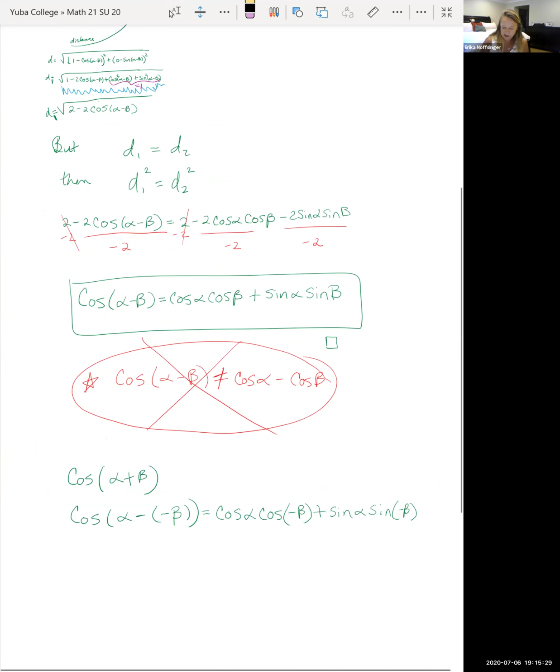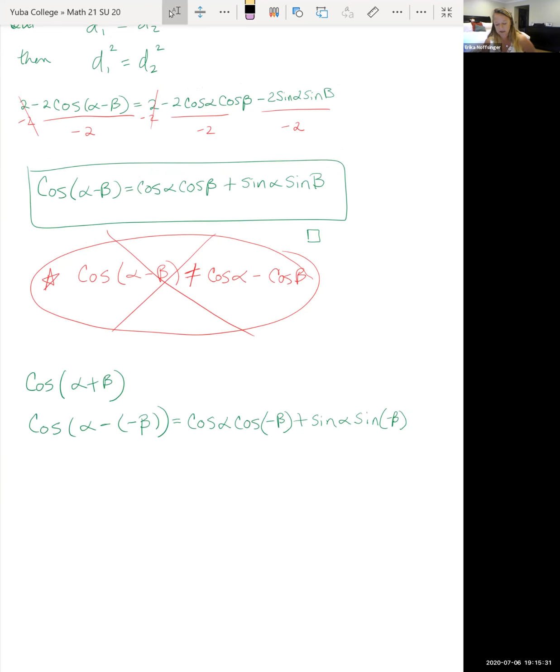Okay, so now we want to use the fact of even and odd functions. Well, cosine of negative beta, that's just the same as cosine of the positive of that angle. So that we could rewrite as cosine of beta. So that's the same thing as cosine alpha, cosine beta. And then sine of negative beta, this is an odd function, so we can rewrite it, bringing the minus out front.